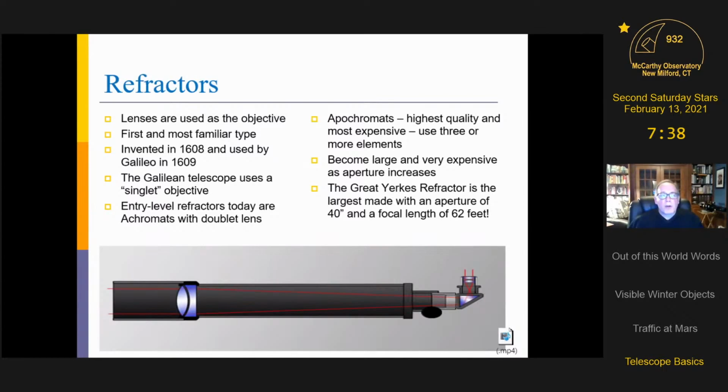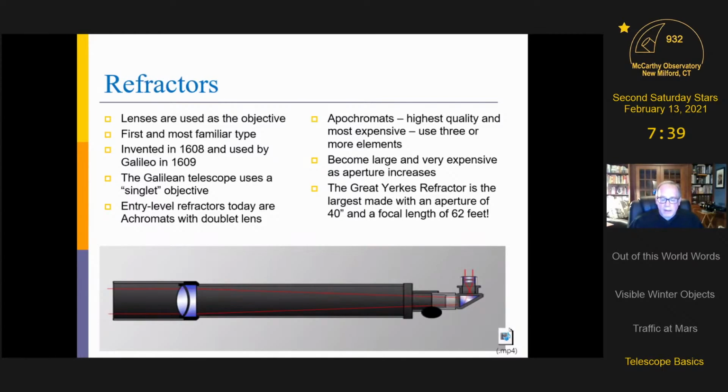Galileo used the telescope in 1609 after reading about it, and his type of telescope, which is a very simple telescope, is called the Galilean telescope, and it uses just a single objective.